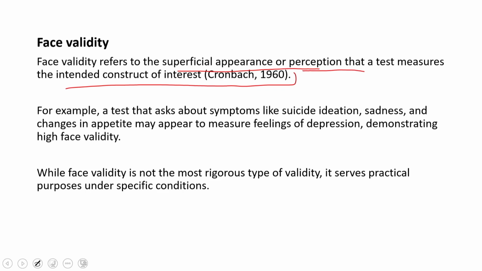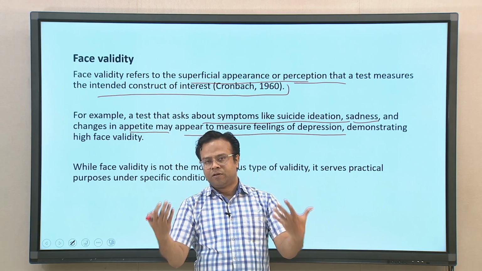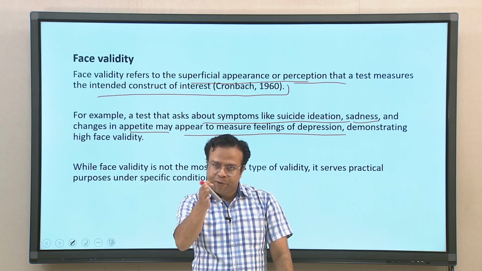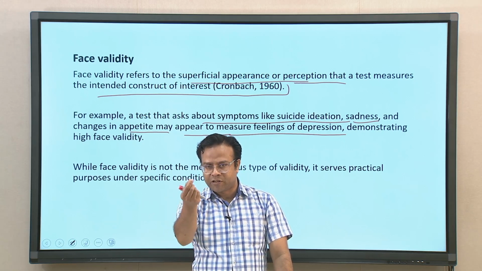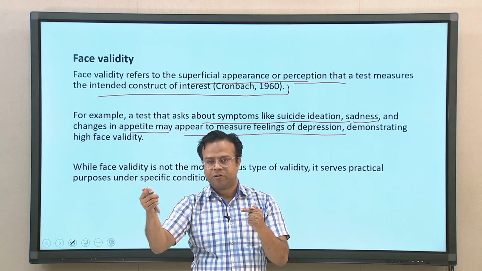For example, if a test asks about symptoms of suicide ideation, sadness, changes in appetite, loss of interest in life and so on, which are all symptoms of depression, then it will appear that it is measuring depression.